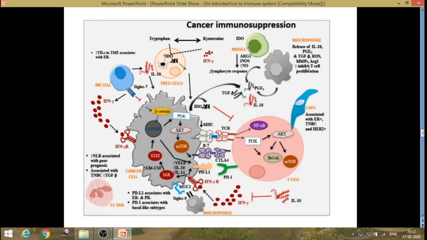All this huge response is generated against the cancer cells. Even though the immune system is quite complex, it is quite interesting, and I'm sure you will also find it interesting and enjoy studying the immune system.